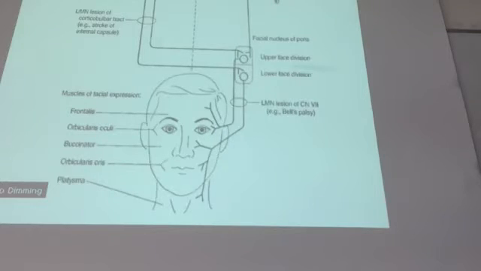There are multiple upper motor neurons, though, and it's not just one. I'm saying if there's a lesion for an upper motor neuron, you'll have a lower paralysis, you'll have preservation of the forehead since it's bilateral. There are multiple upper motor neurons for different parts of the face, but just think of it as one thing.